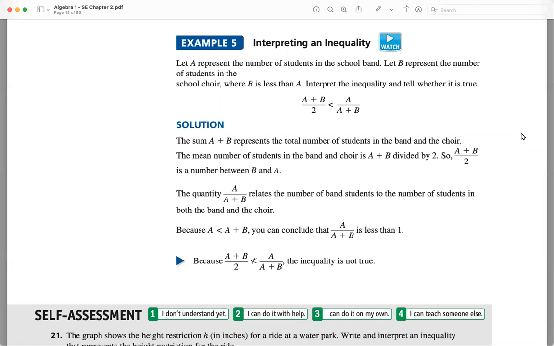It's not, if you don't try to give those letters an actual numerical value. They're always going to give you a condition. Like if you look at it, it says A represents the number of students in the school band, B represents the number of students in the school choir, where B is less than A. Interpret the inequality and tell whether it is true.